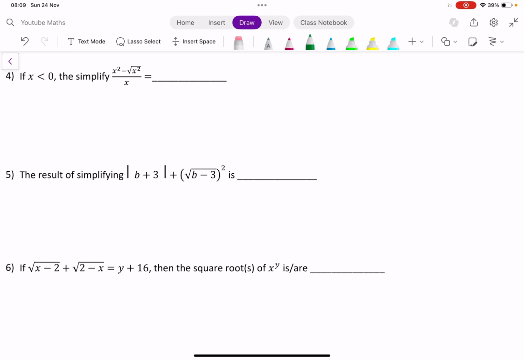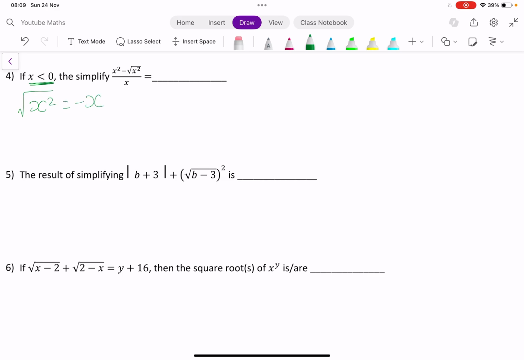So first things first is that x is less than 0. And if x is less than 0, then the square root of x squared is going to be negative x.